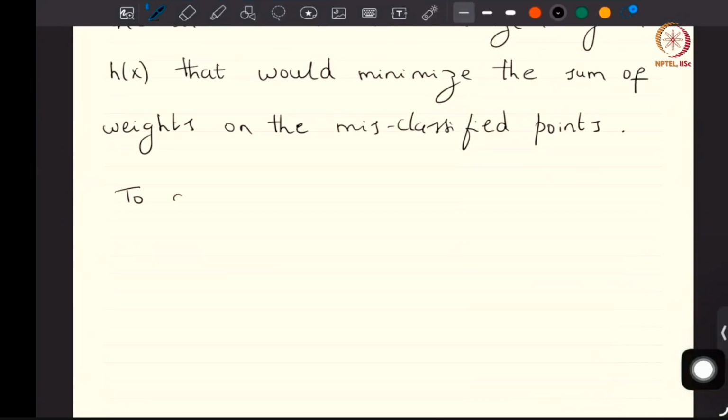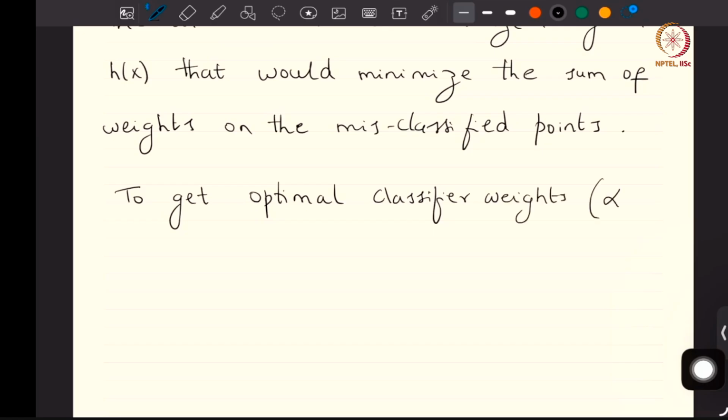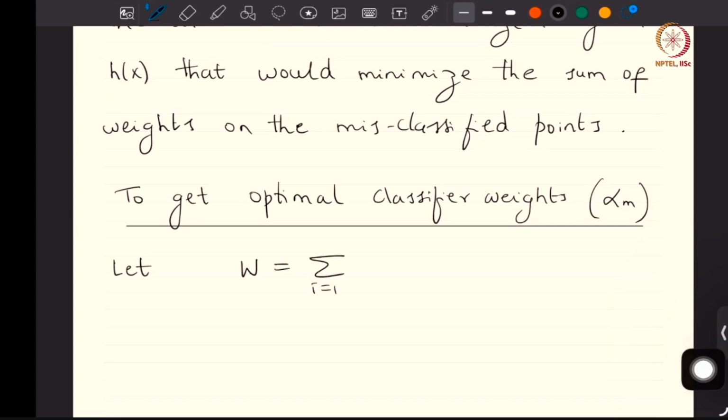To get optimal alpha, say this weight term is actually getting overloaded. There is one weight on the data samples, there is one weight on classifiers and so on. So, just be careful. We will have to get this optimal alpha. So, let us do that. Let capital W be equal to the sum of all the weights on data points.